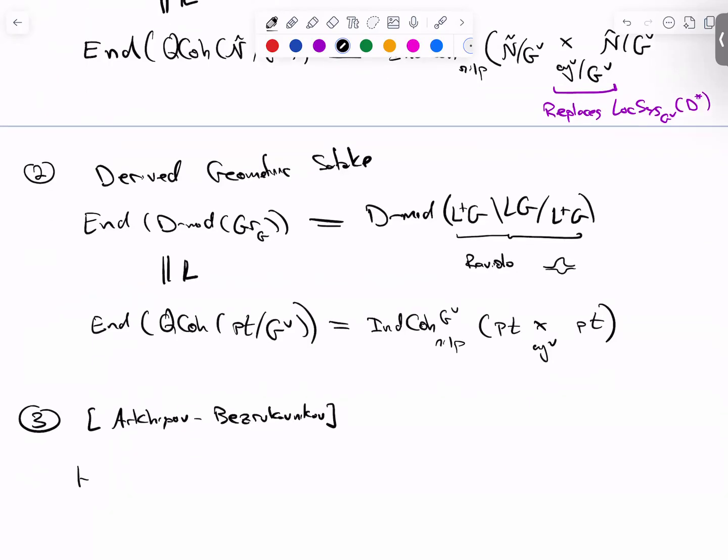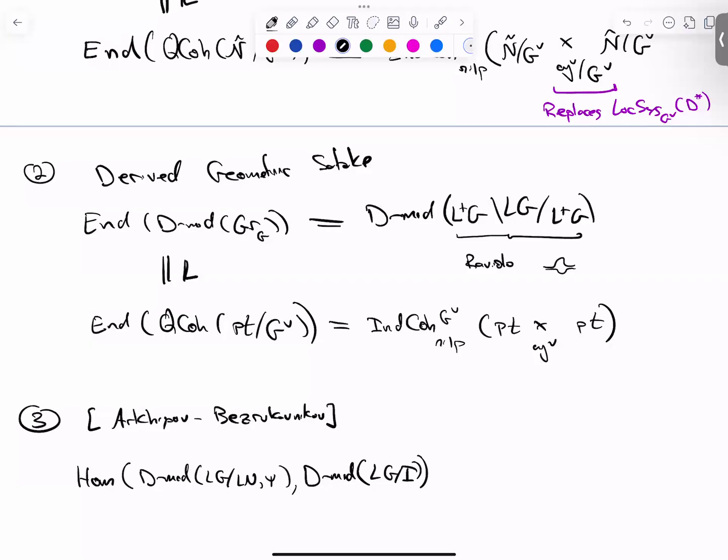So here what you do is you take Hom from D-mod on Whittaker D-modules and D-mod of affine flag variety. Again, we can just compute this using our fact that this is going to be D-mod of loops G mod I on one side and mod Whittaker on the other.